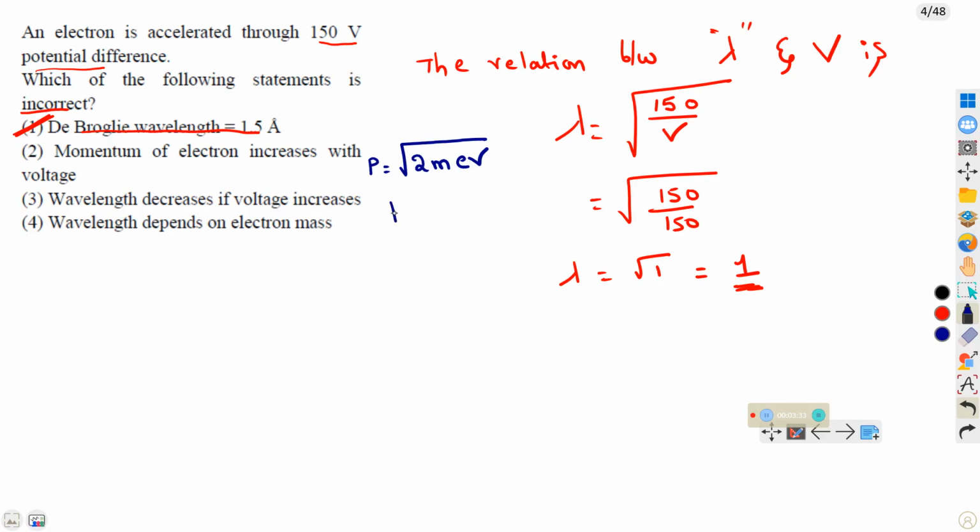What is the relation? Lambda is inversely proportional to the square root of V. Wavelength depends on electron mass. We know lambda equals h by square root of 2 m eV. The remaining statements are correct. Only the first statement is wrong.